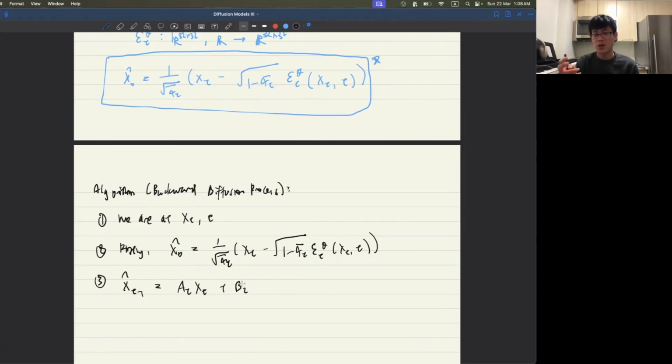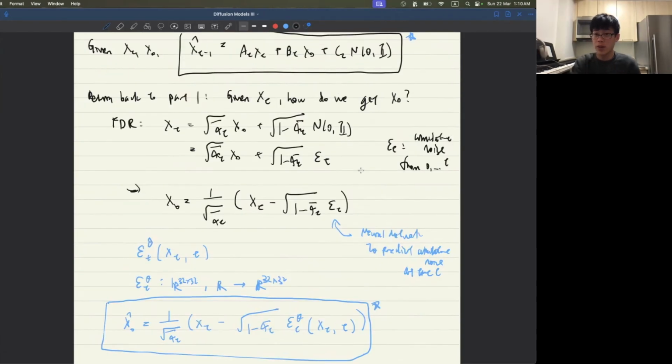In statistics, this is called using a plug-in estimator, because we are literally just plugging in our estimator for x0 into wherever it is used. And because we have gotten a prediction for xt minus 1, we're just going to use that and continue the backward diffusion process.